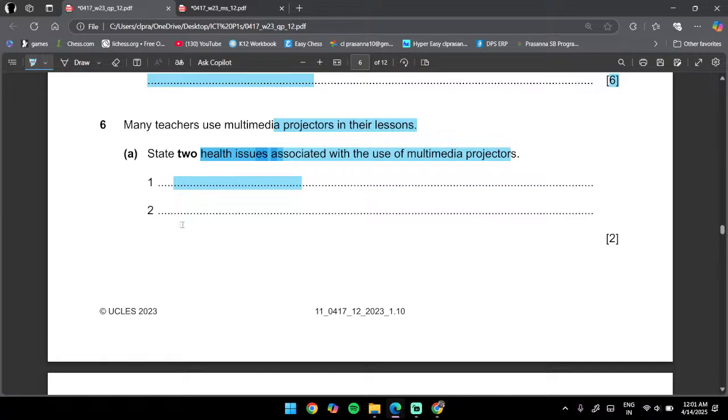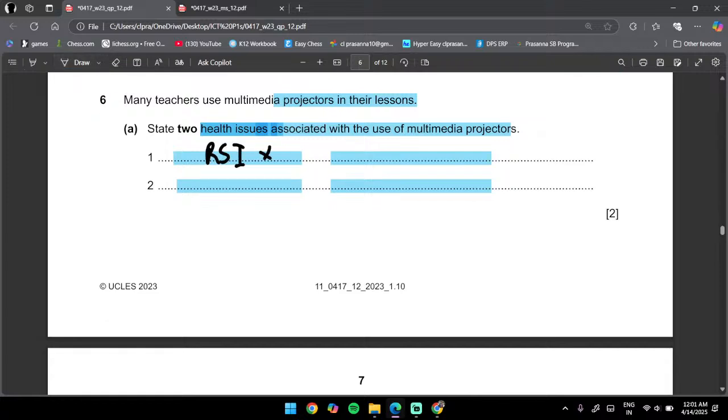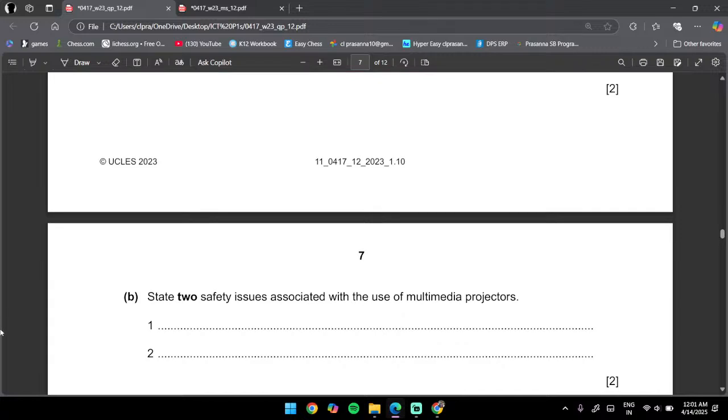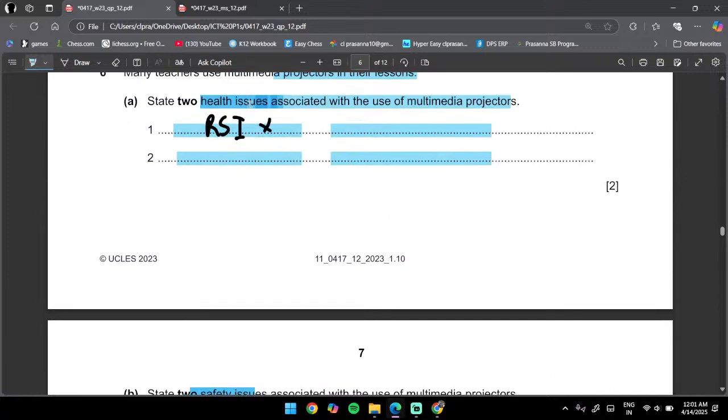So mentioning RSI here is more likely not going to get you the mark. But eye strain, because you're watching the projectors, maybe backache could work, headache could work. So I think one of these three could work, but RSI will definitely not work according to what I think. Then state two safety issues associated with the use of multimedia projectors. Now, safety issues is different from health issues.